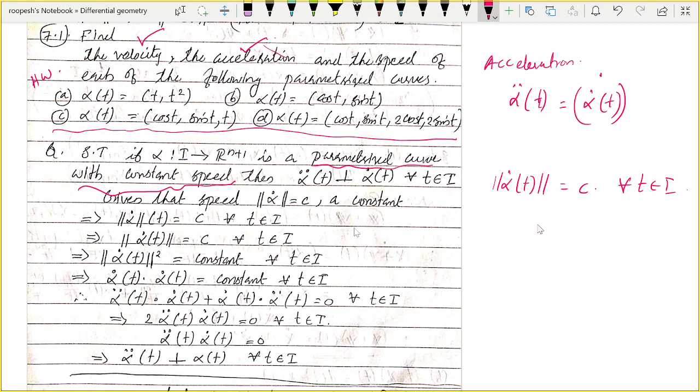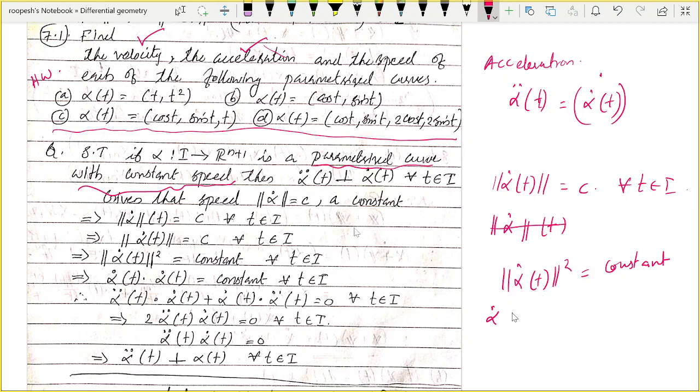Therefore, the norm of alpha dot of t equals some constant for every t belonging to I. Therefore, the norm of alpha dot of t squared again should be constant, right? This is also constant. Now what about the norm of alpha dot of t squared?